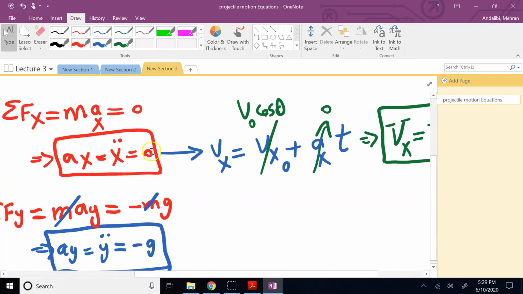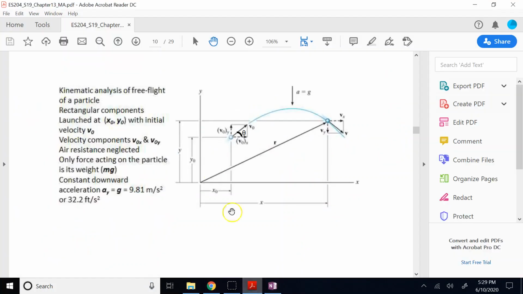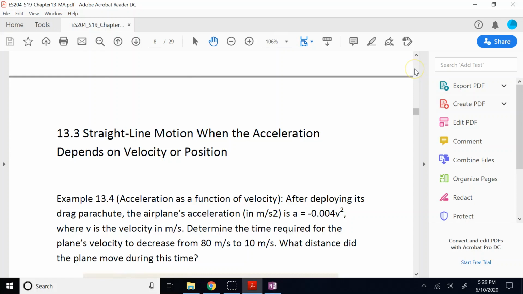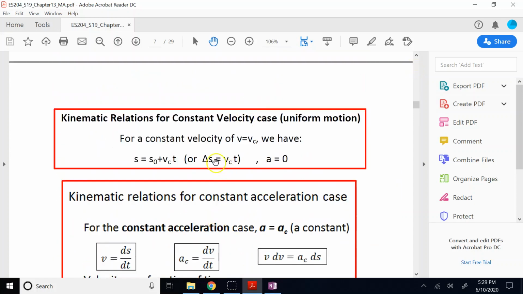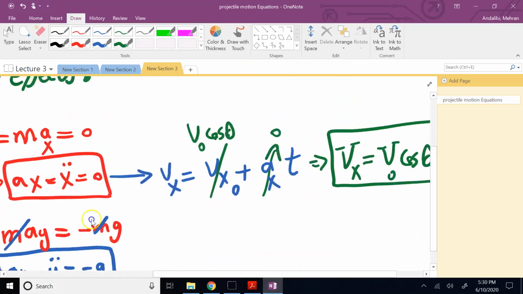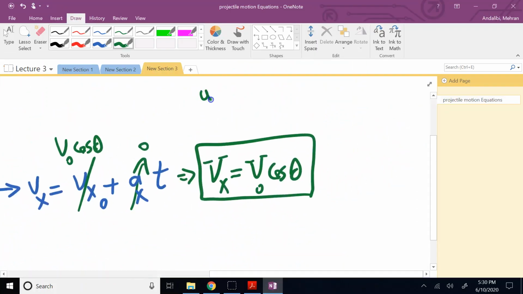It is constant acceleration, but that constant acceleration is 0. What was the name of the motion with 0 acceleration? You're right, it is called uniform motion. So in the x direction, my motion is called uniform motion, because the acceleration is 0.